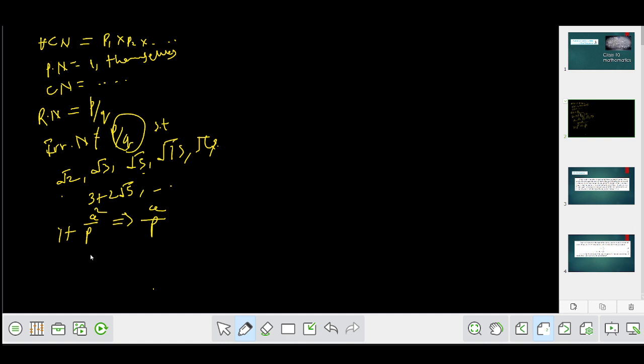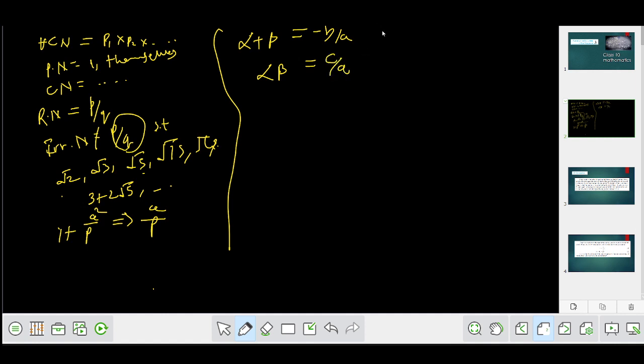Then we have studied chapter 2, polynomials, where we have studied the sum of zeros, alpha plus beta equal to minus b by a, and alpha into beta, the product of zeros, equal to c by a, for the equation ax square plus bx plus c equal to 0, where a is not equal to 0.